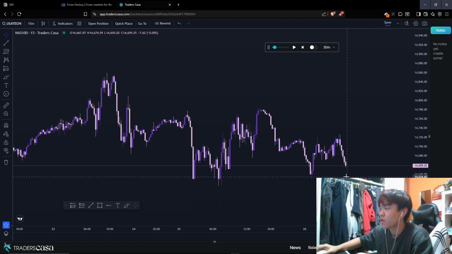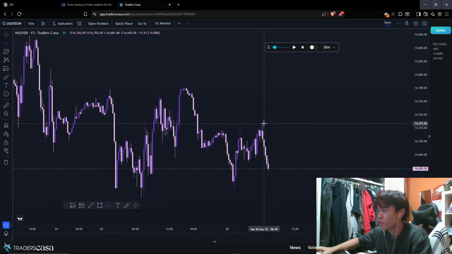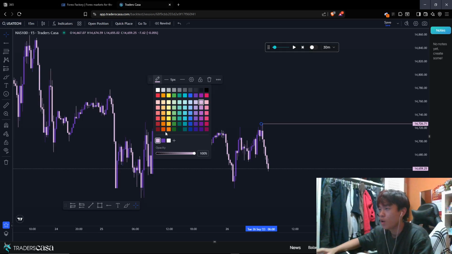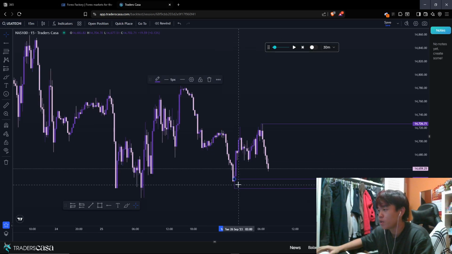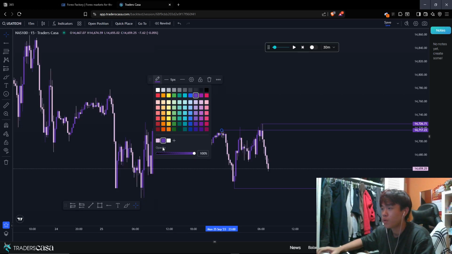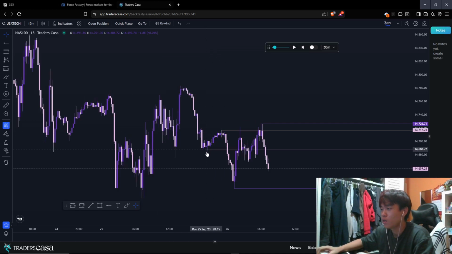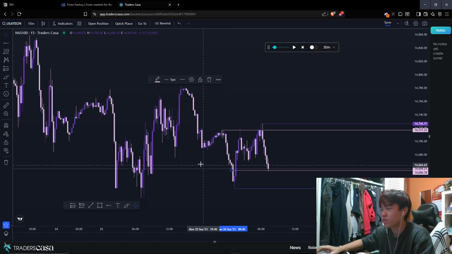As soon as I get to 7:29, which is 1 minute before opening in my time zone, I'm going up here and using the purple line to represent my highs and lows for London session, and then I'm using this pink to represent the lows and highs of Asia's session.